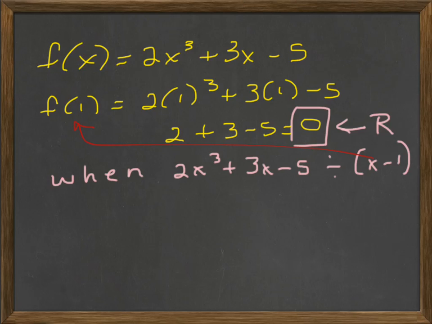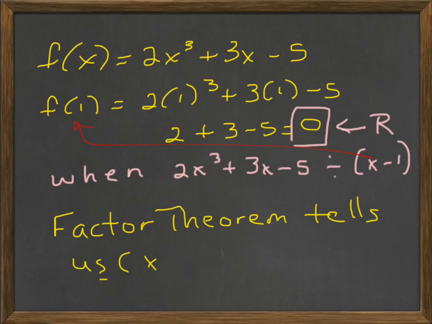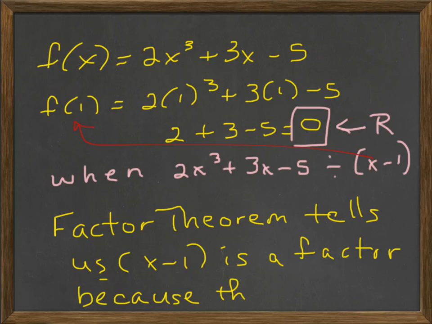By plugging the x value, 1, into the polynomial and getting a remainder of 0, the factor theorem tells us that x minus 1 is indeed a factor, because the remainder is equal to 0.